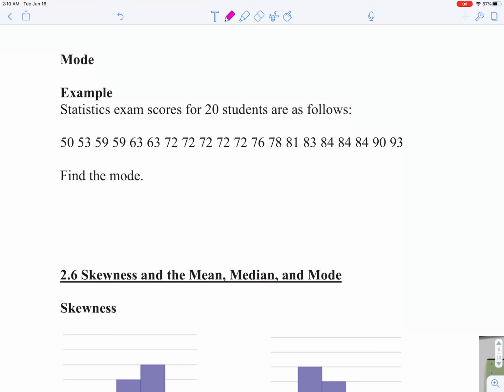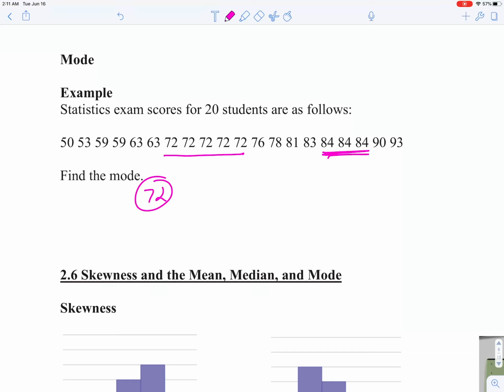If you have no repeats, then you would have no mode. In this case, let's look at this data set. 72 is repeated most often, right? So the mode is 72. In this case, it only has one mode. But if you have a tie for the most repeated data points, so let's see, 1, 2, 3, 4, there's 5 72s here.